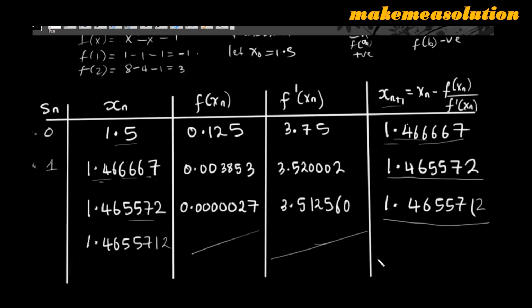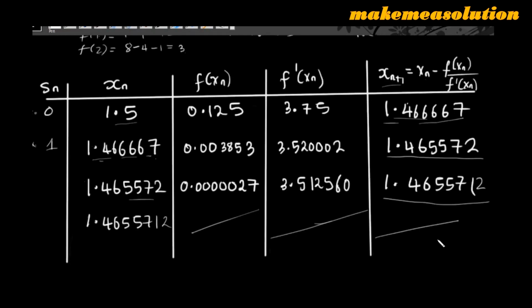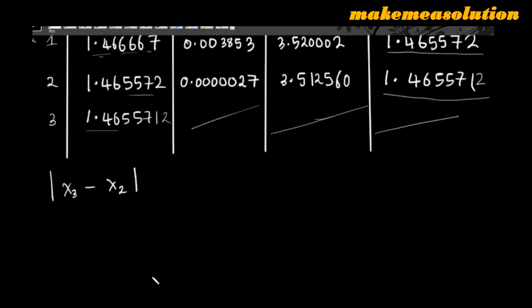So we're just gonna break off here, and we can also convince our lecturers, since we see that this one and this one are almost the same, by saying this is iteration 2 and this is iteration 3, so you can say your x3 minus x2. Okay, that's this value here, the absolute value of these two, which is going to be 1.4655712 minus 1.4655572.